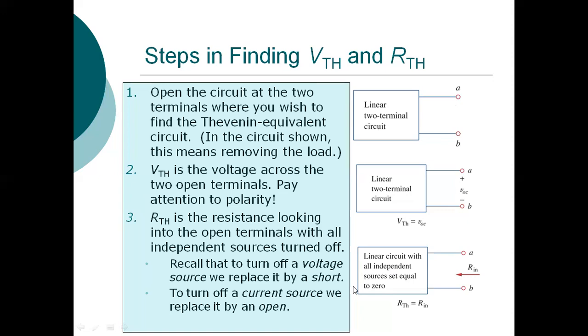And to turn off the current source, we replace it by an open circuit. So when your current source is there, it should be kept open circuited. In this way, measure the resistance between the terminals A and B, and it will give you the resistance value Rin, that is your RTH, Thevenin's resistance.